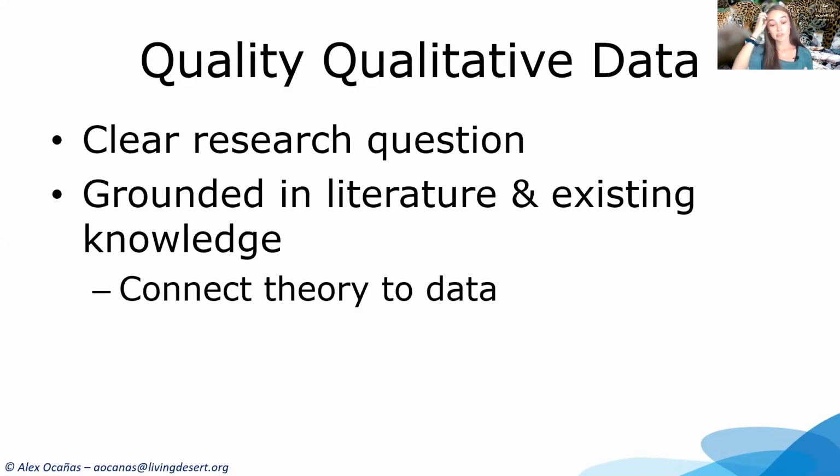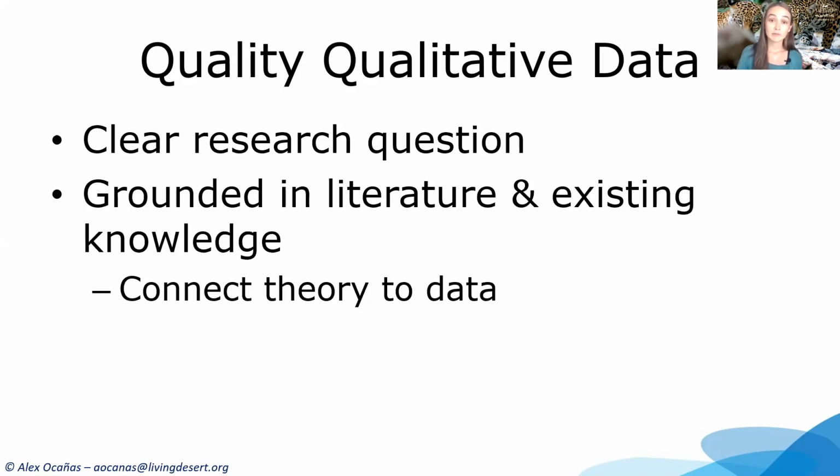Because qualitative research is less structured than survey research, there is going to be a little bit more room for your bias or for your personal assumptions to influence your data interpretation. It can be a very subjective process. So by grounding or connecting your analysis, your interpretation in existing knowledge and previous theories, you can help avoid this concern of researcher bias greatly affecting interpretation of the results.